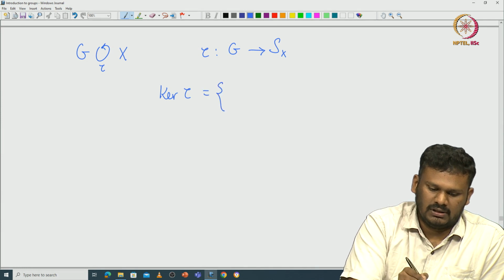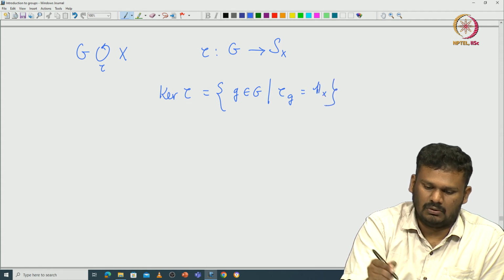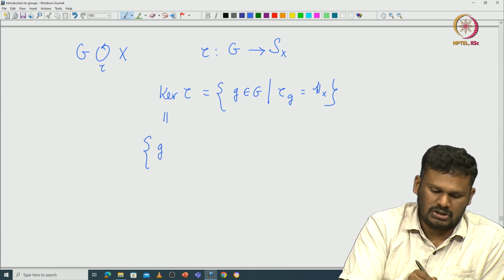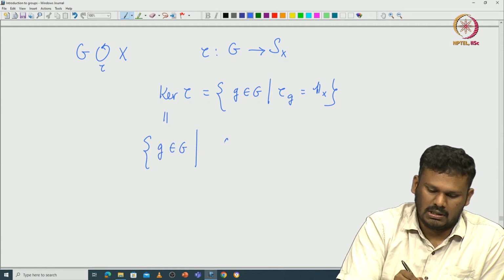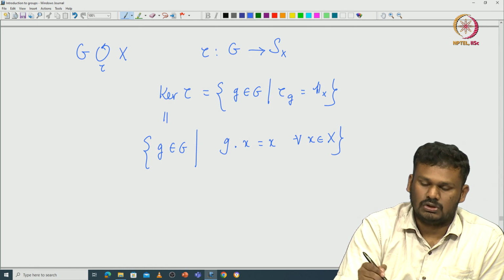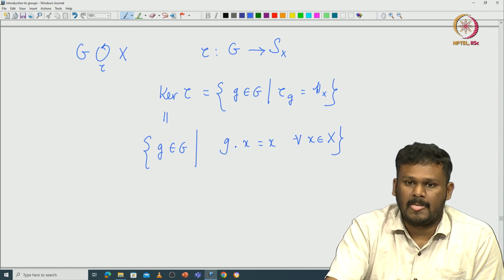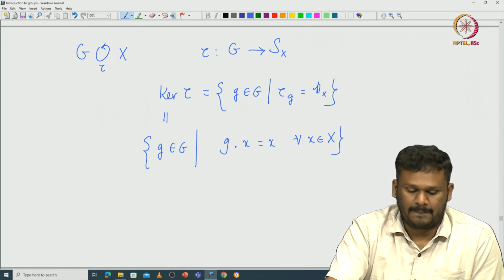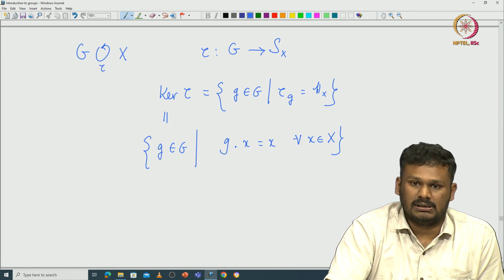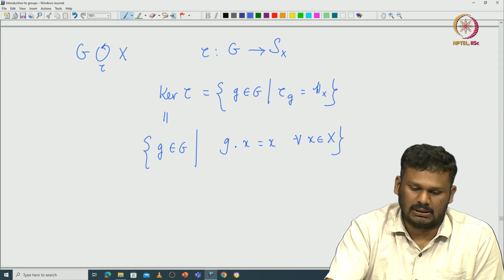The kernel of tau is those g in G such that tau g is the identity on X. What is the meaning of that? This is those g in G such that g dot x equals x for all x in capital X. So, you are looking at all elements of capital G that act as the identity on capital X. That is called the kernel.